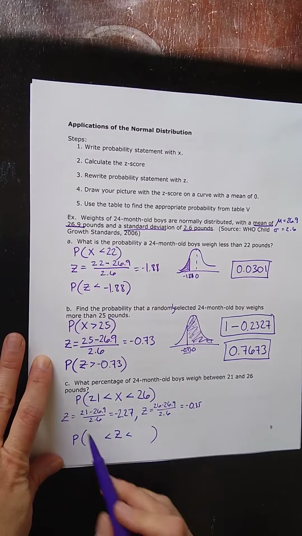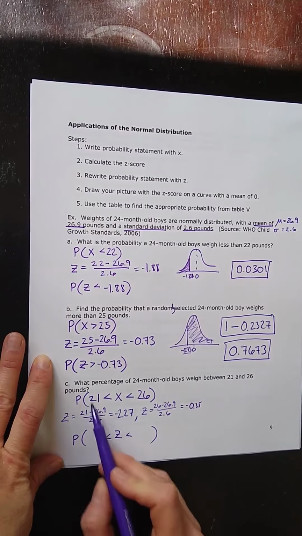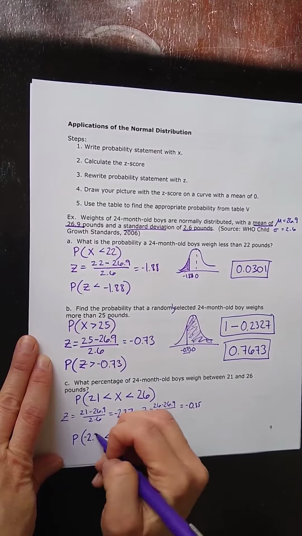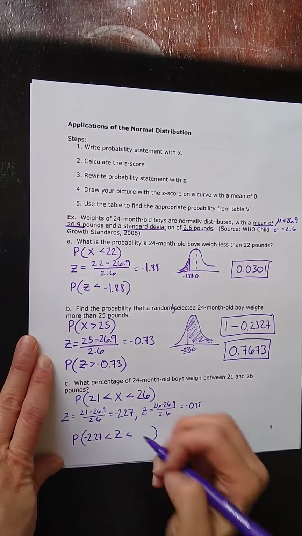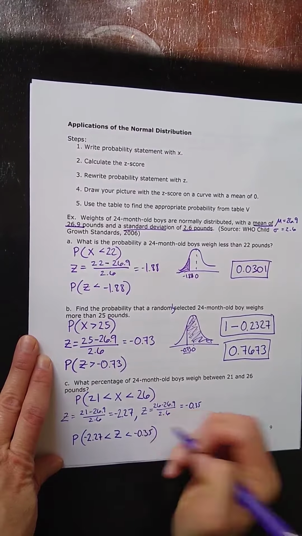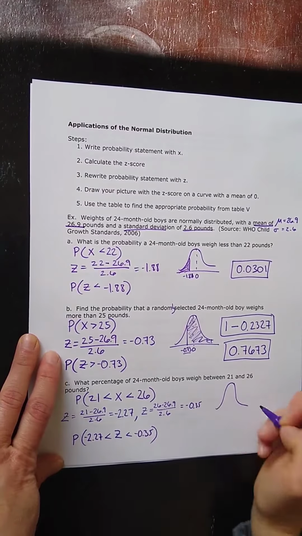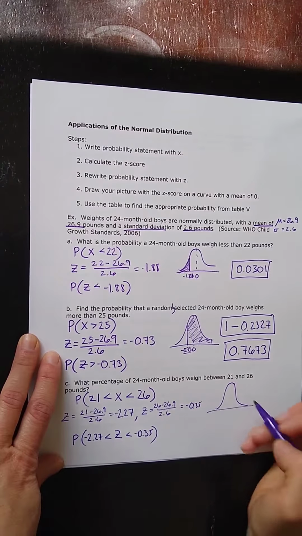So the 21 gave us the negative 2.27, so that goes here, and the 26 gave us the negative 0.35. So when we draw our picture, we've got two z-scores that are both negative.